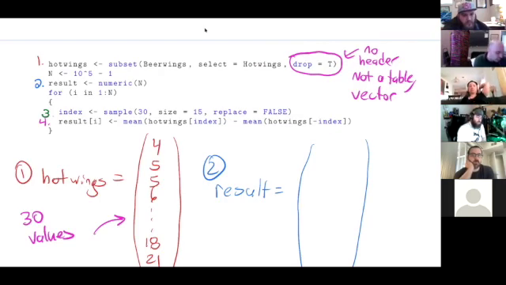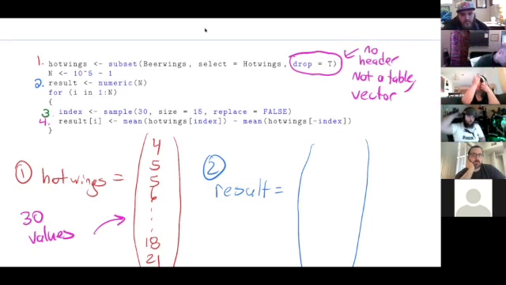I would say you don't want to go too far below like 1,000. The larger you do it, the better it's going to be, but the longer it's going to take R to do it. And this vector result is going to store all of the hypothetical differences that we could have in our sample means.